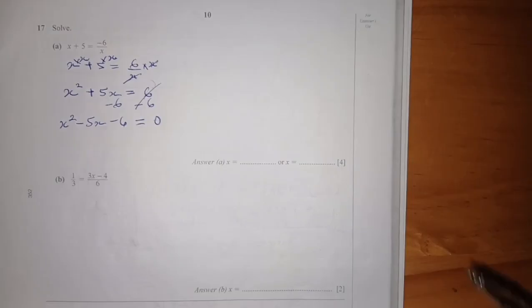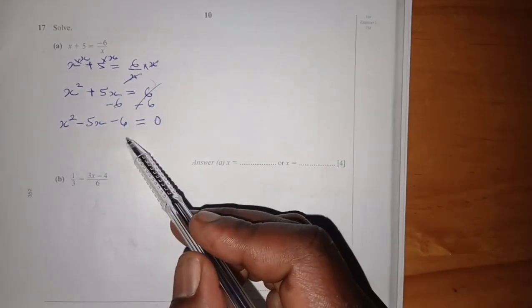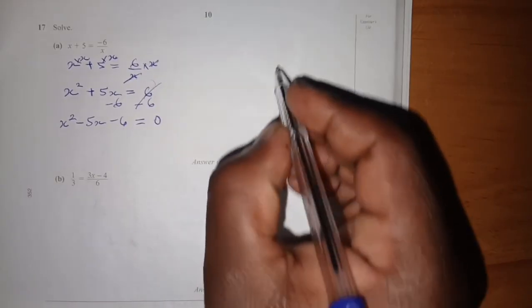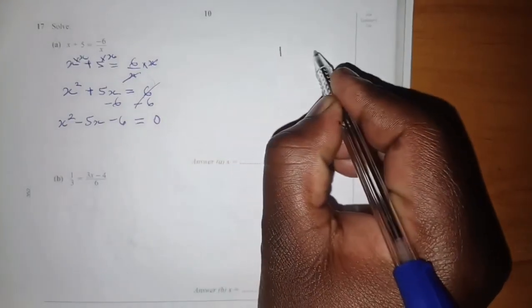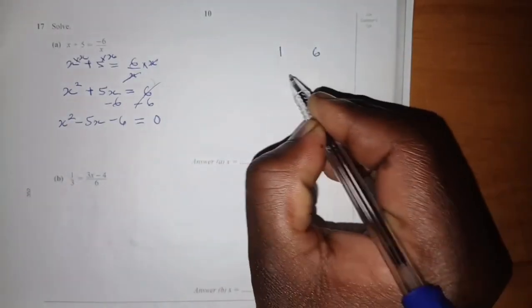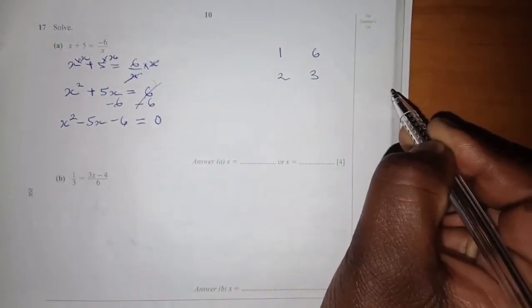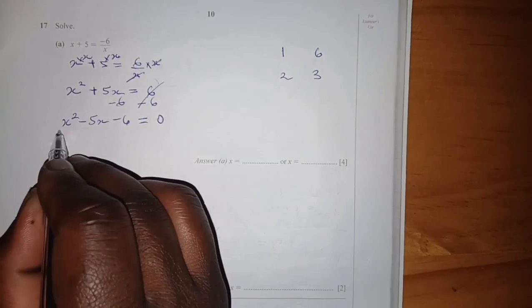And then we can solve this one by factorization. So by factorization, let's list the factors of 6. Factors of 6, we have 1 and 6. We also have 2 and 3. Now to pick the factors here.